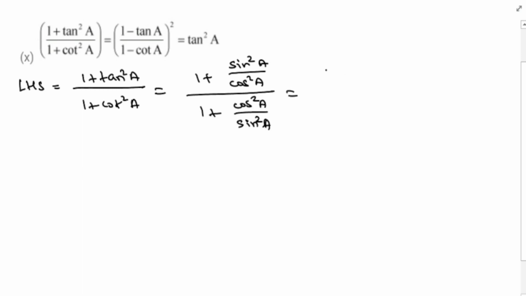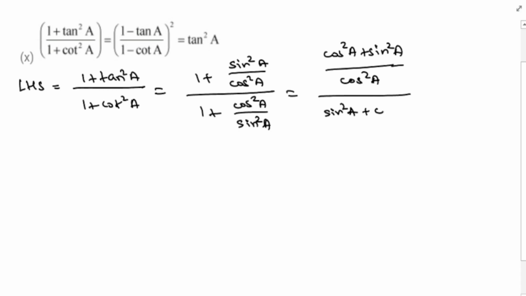This equals, LCM is cos square A here. So (cos square A plus sin square A) whole divided by cos square A, divided by (sin square A plus cos square A) whole divided by sin square A. Cos square A plus sin square A is 1. Sin square A plus cos square A is also 1.